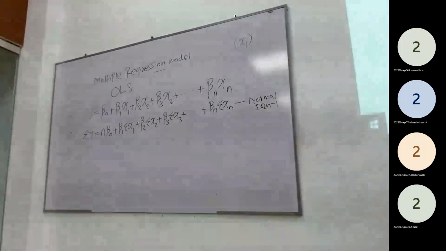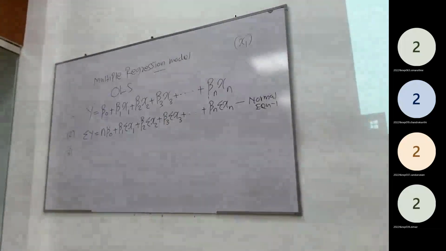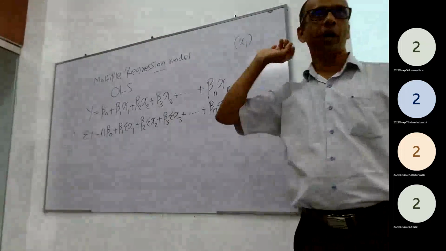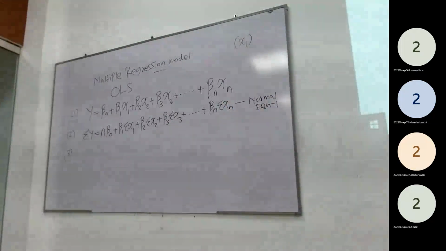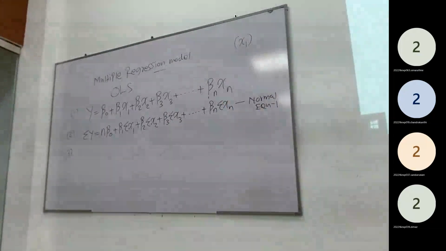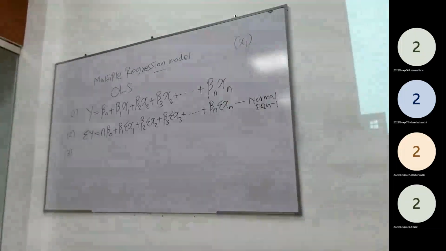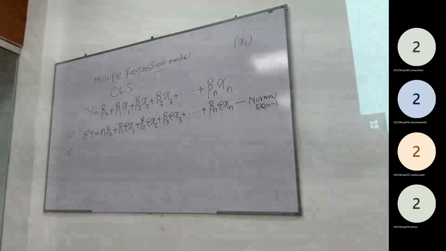Multiply the model by independent variable 1, x1, and then apply sigma notation. Then we receive normal equation 2.